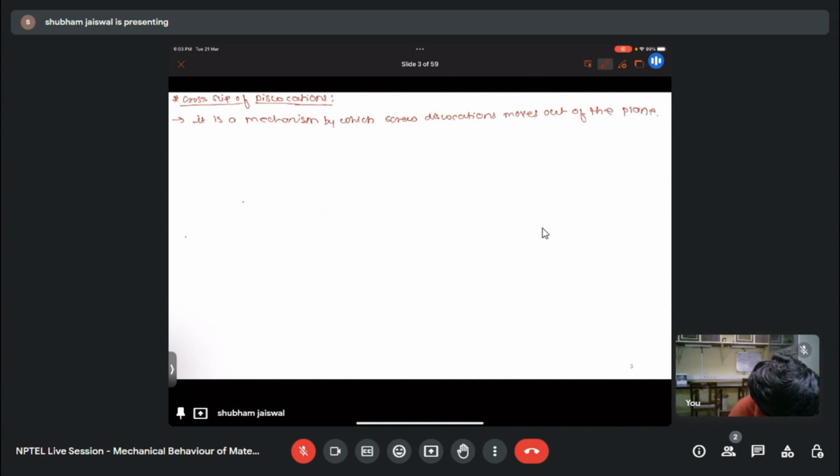Let's consider this is our plane 1, this is plane 2, and this is again plane 1, as it is parallel to the first. Here we have a screw dislocation.